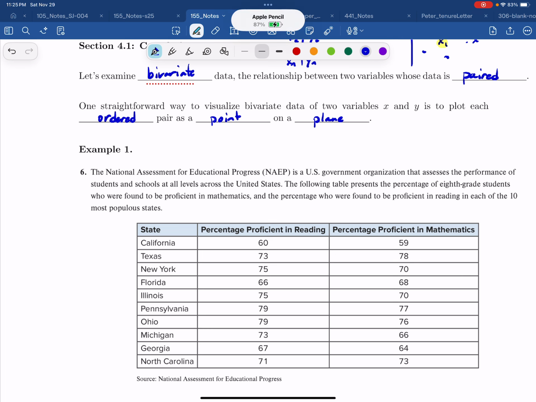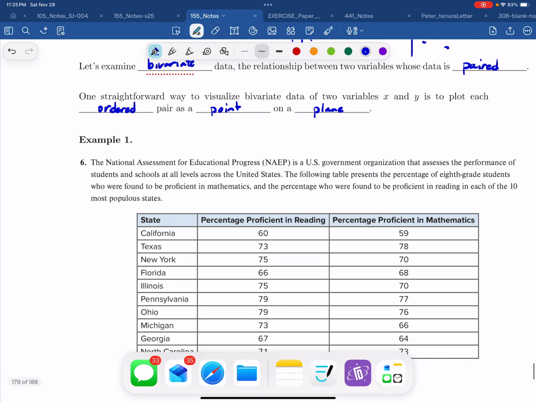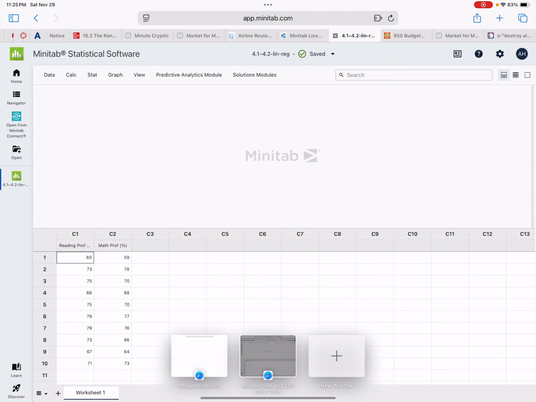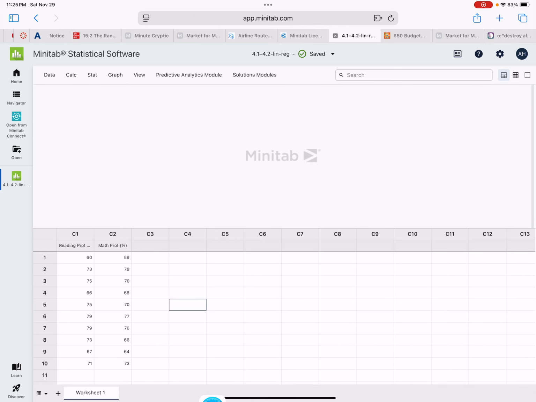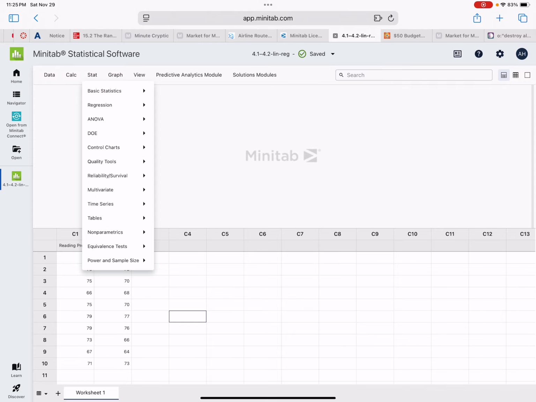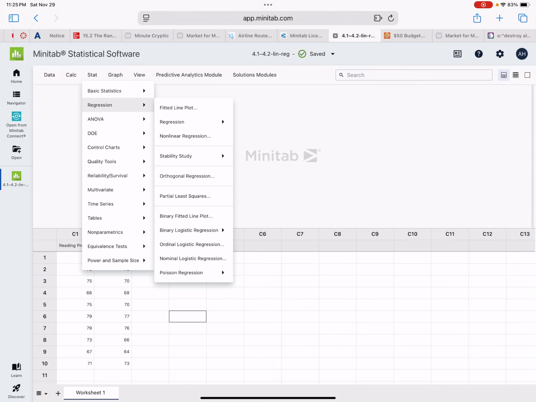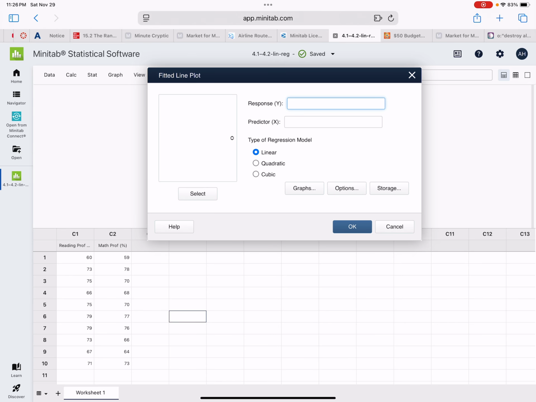So what we can do is visualize this data by going into Minitab in this case, entering the data, which I just copied into Minitab, and if we go to Stat, Regression, Fitted Line Plot, they give you the response variable first, the y variable.